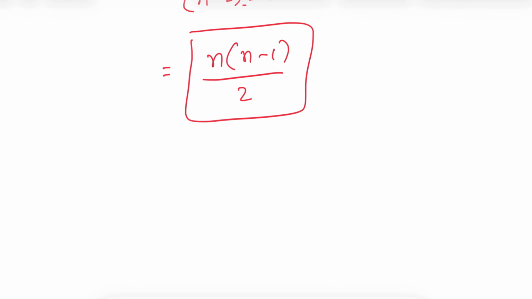Let's also see a second way of doing this. A second way of coming to the same solution is, you have n vertices in the graph, and if you start from the first vertex, what are the max number of edges that you can have from it? From the first vertex, you can connect to the remaining n minus 1 vertices, so you'll have n minus 1 edges.